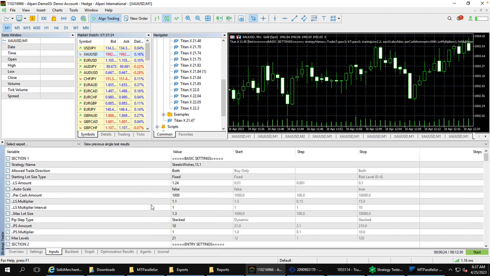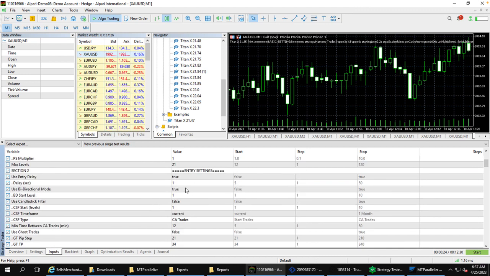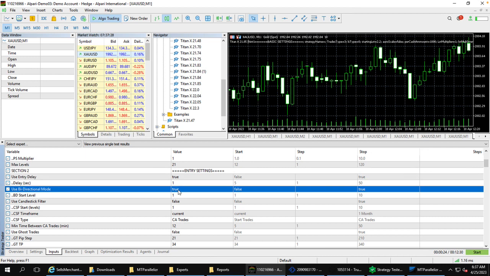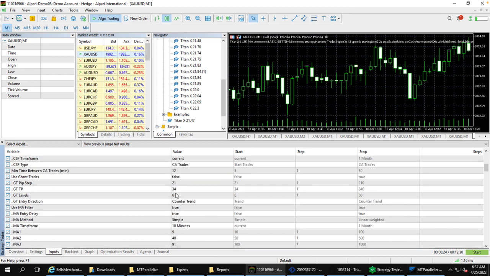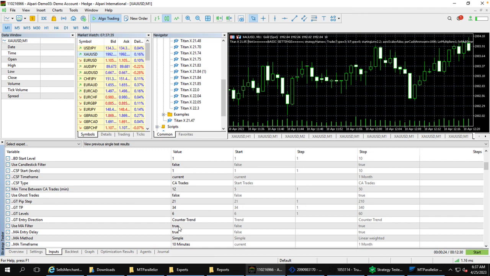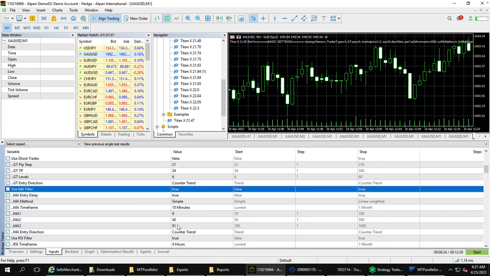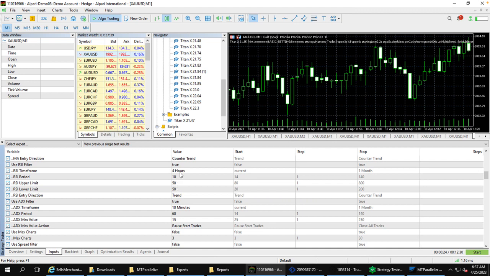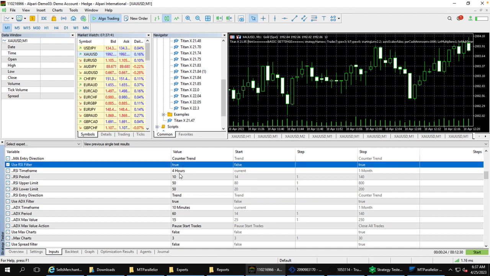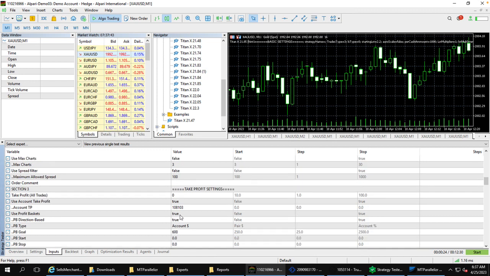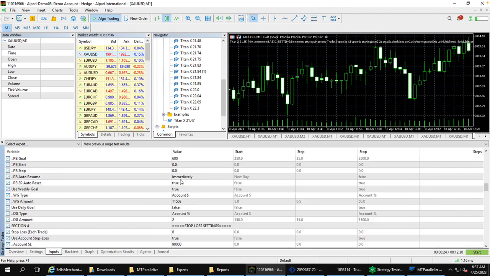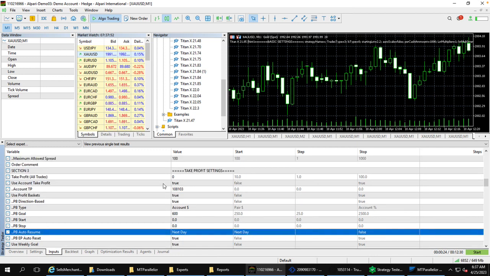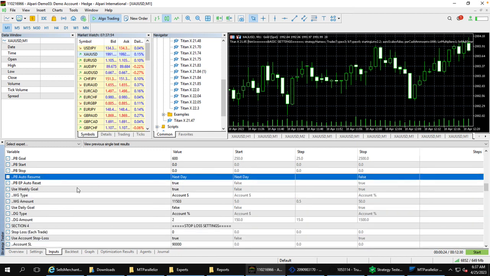If we go to our entry settings here, everything that's set to true, entry delay, bidirectional mode, MA filter, all of that needs to be met in order for a trade to happen. But it will start looking for trades immediately rather than the next day, like I had it set to. Hopefully that makes sense.